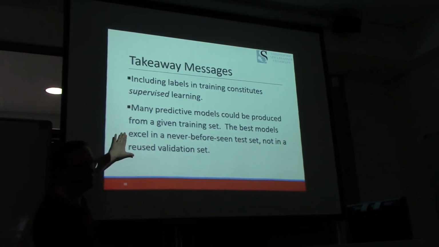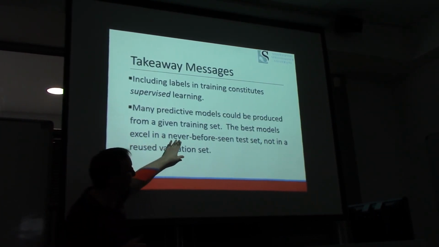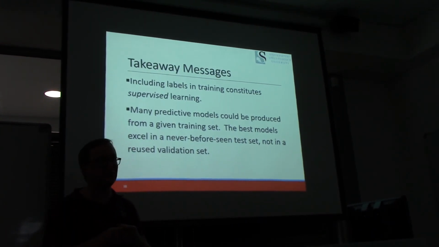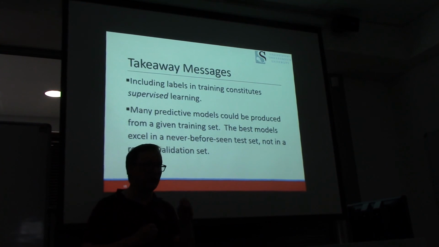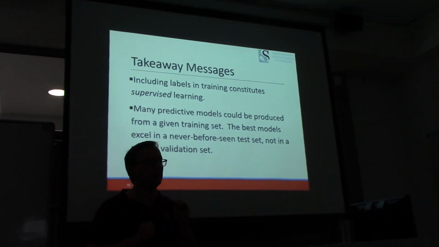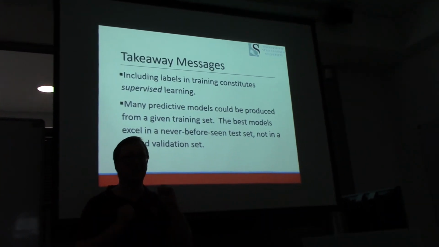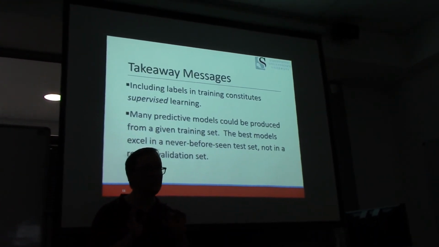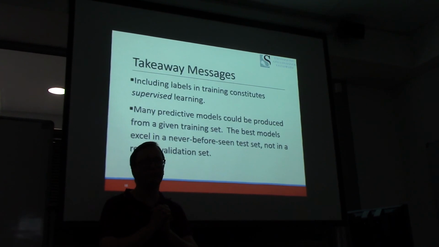So the best models excel in a never-before-seen test set, not how they do on a reused validation set. Remember that for us, machine learning is always intended to create a model that generalizes, that can be used in new data where we don't know the labels. And for that, we must avoid overfitting.